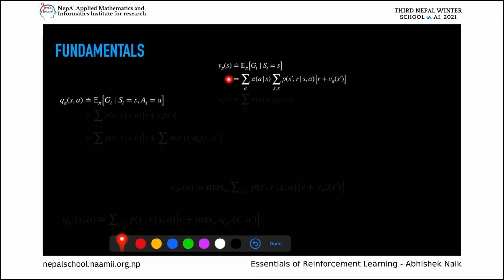So it is similar to this, just that we don't just start from state S, we also take an additional action and then we compute the expectation, right? So these are very closely related quantities. Can someone guess what the relation between these two quantities is, right?